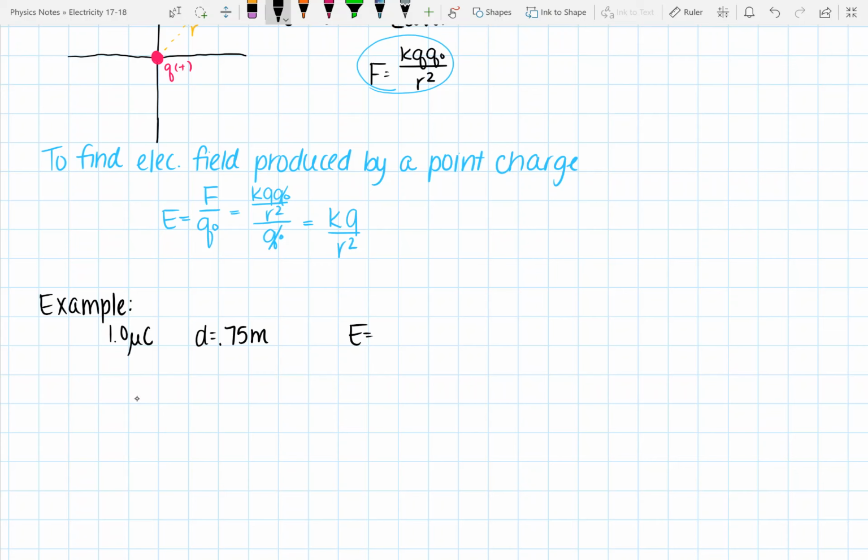So E is equal to K, which is still 8.99 times 10 to the 9th newton meters squared per coulomb squared. The charge is 1 times 10 to the negative 6 coulombs. And the distance is 0.75 meters, and I need to square that. So this meters squared goes away. This coulomb squared, the squared goes away, and I just have coulombs left. When I calculate that out, I get 1.6 times 10 to the 4th newtons per coulomb.